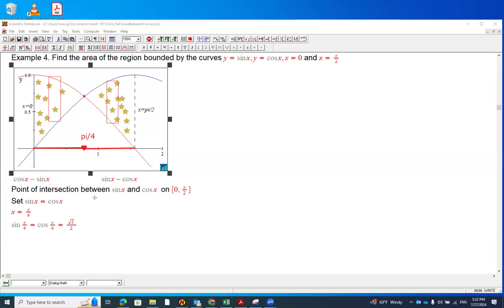So to find the area of the left piece, we're going to set up the following way.